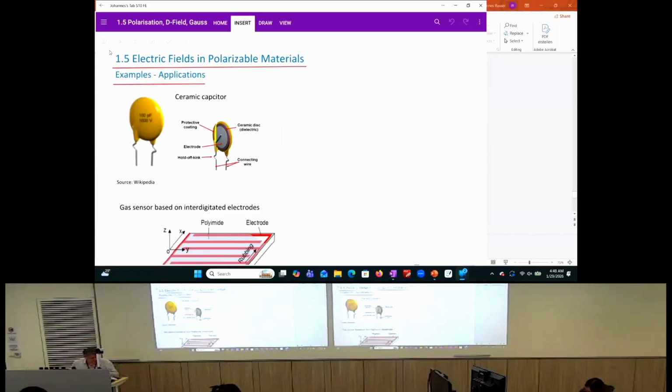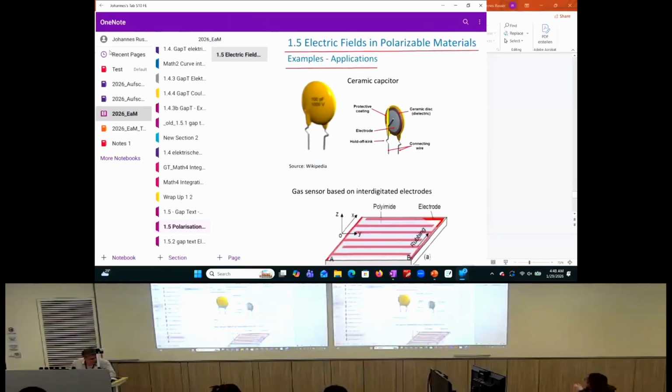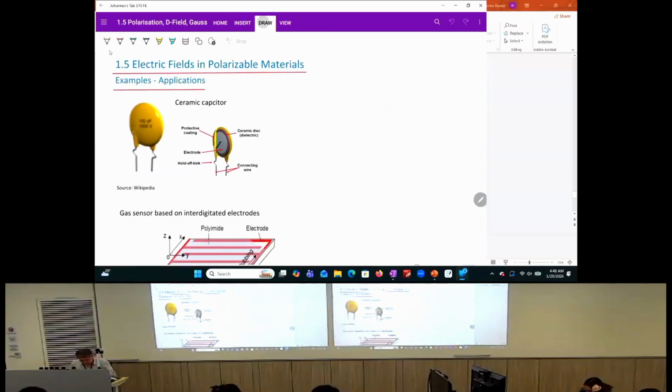But the dielectric material here has significance because it is a very crucial factor, amongst other factors, for determining the amount of energy that can be stored. So that would be one reason why we are interested in the polarizability of materials.